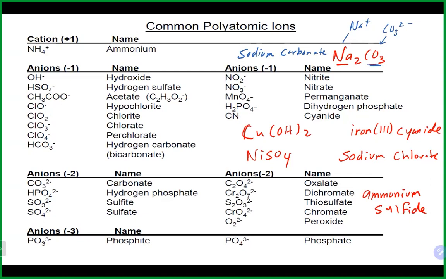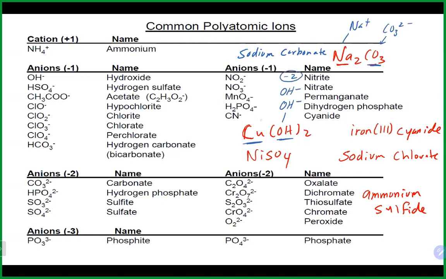Taking a look at the one in the middle, that is copper, which is a metal. That is hydroxide, which is a non-metal. In this case, that copper is a type 2 metal, which means we need to figure out the charge on it. We know that hydroxide from the table is OH minus, and there are 2 of them, which gives us a -2 overall charge.